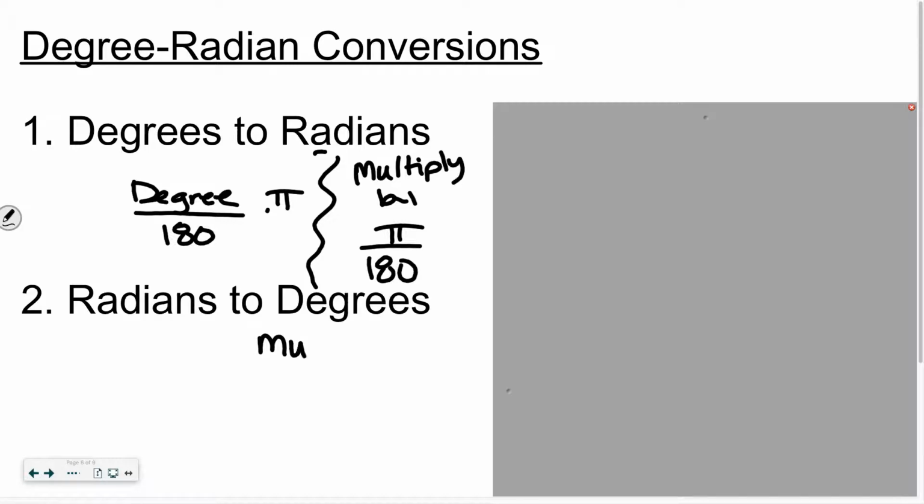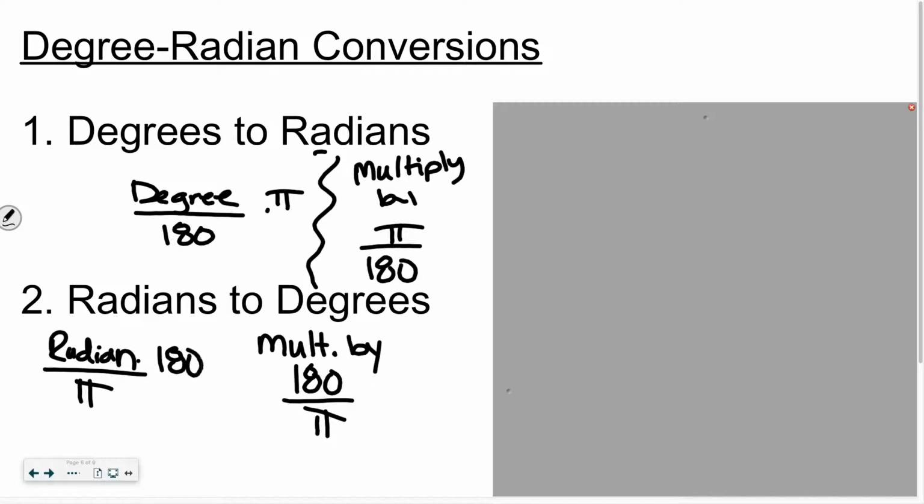Okay, so multiply by 180 over pi. So you could take your radian angle and divide it by pi and then multiply it by 180. But essentially they're the same thing. That's called just a conversion factor.